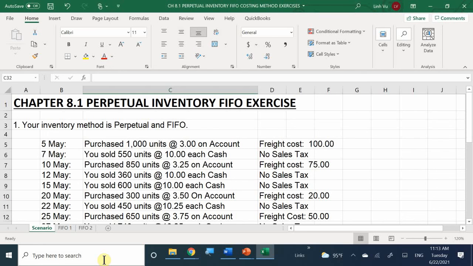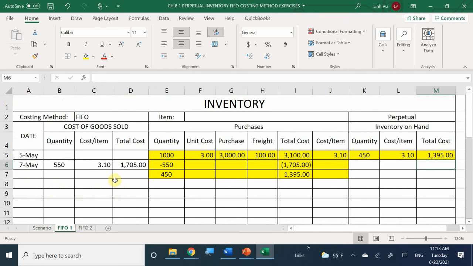May 10th, purchased 850 units at $3.25 with the freight cost of $75. So it's May 10 now. We purchased 850 items at $3.25 with the freight costing 75.